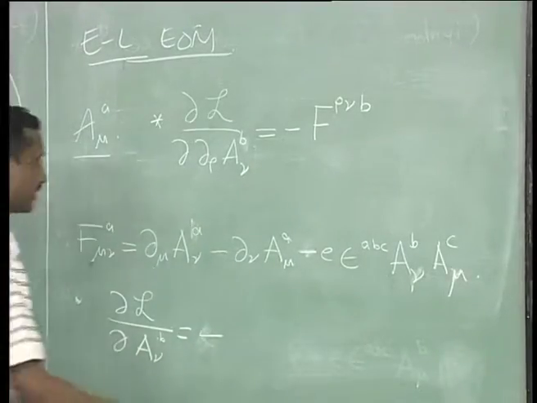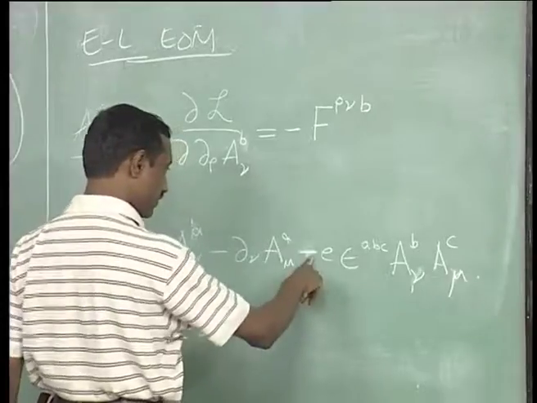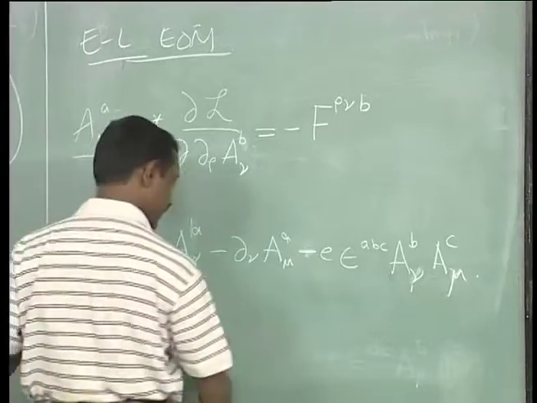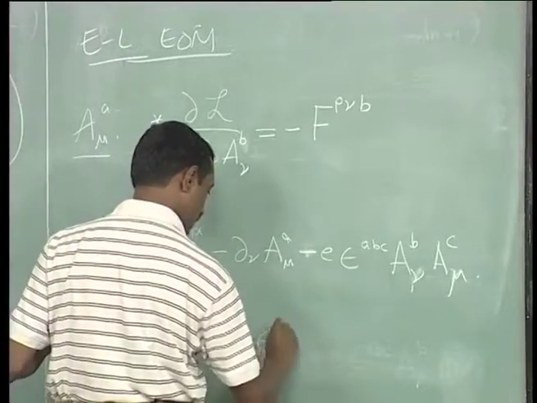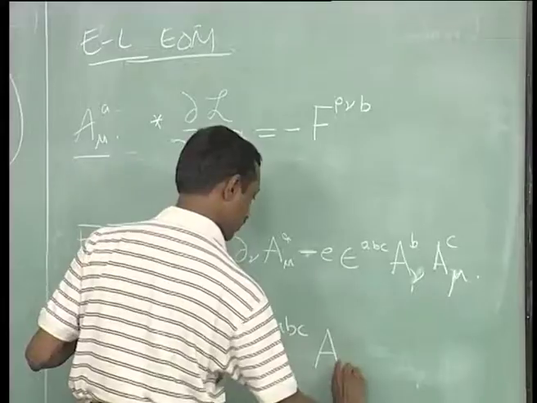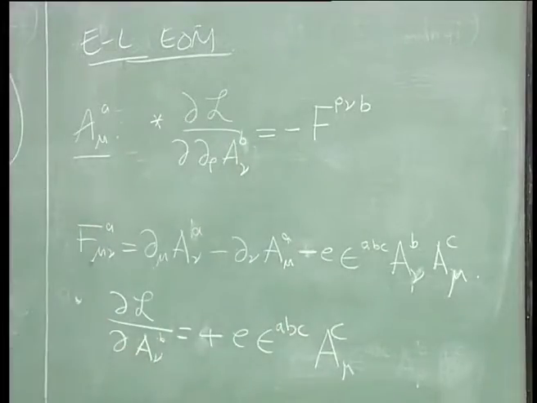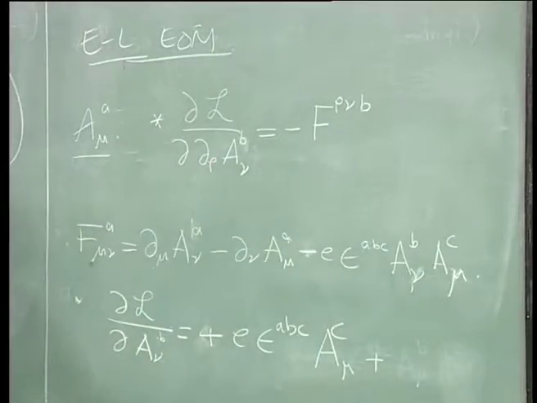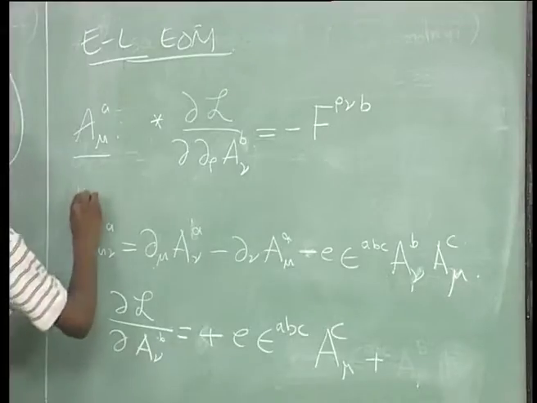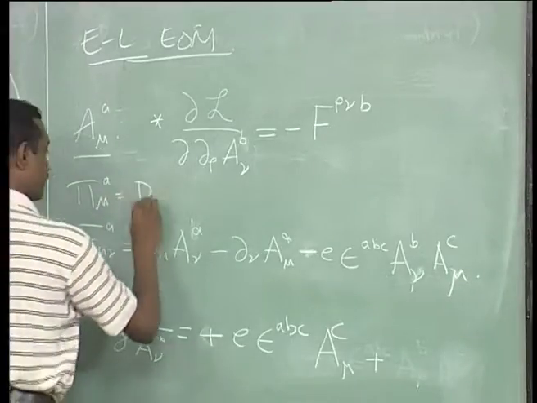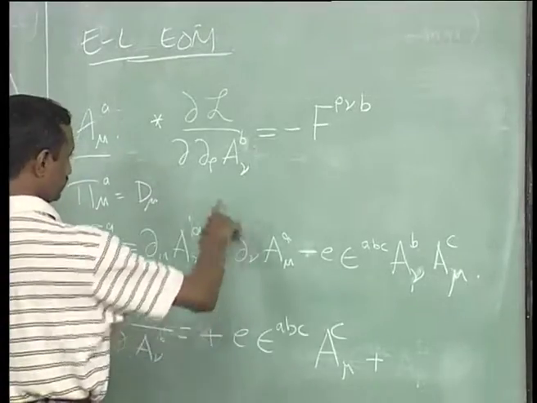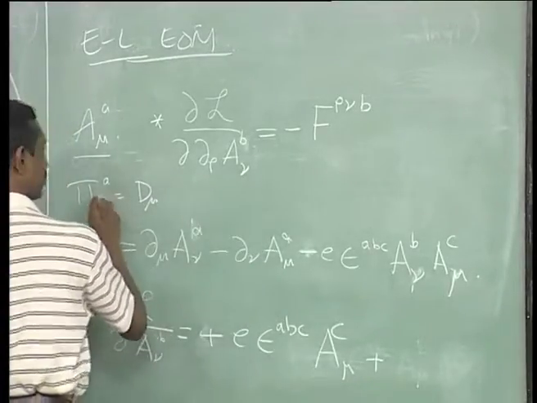I can see that I get a minus from this, and there will be a minus from the original action itself. So they get a plus, and E epsilon a b c a mu c. That is this part, but then there is also the part which comes from the covariant derivative of this thing. So let's call this dummy index nu.